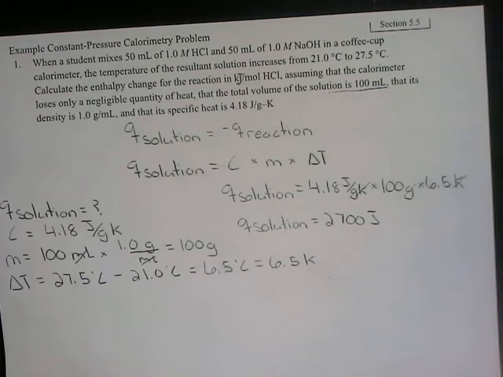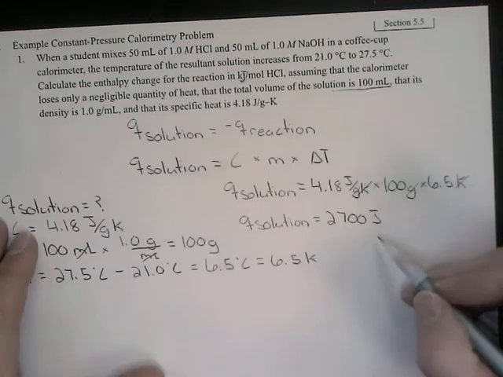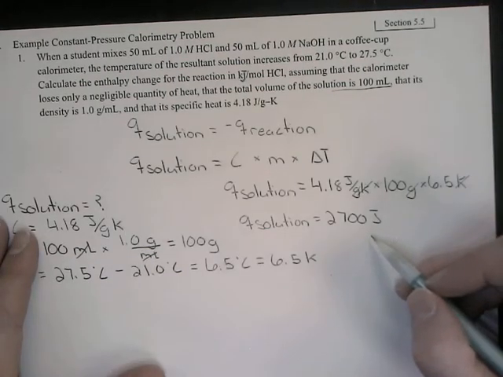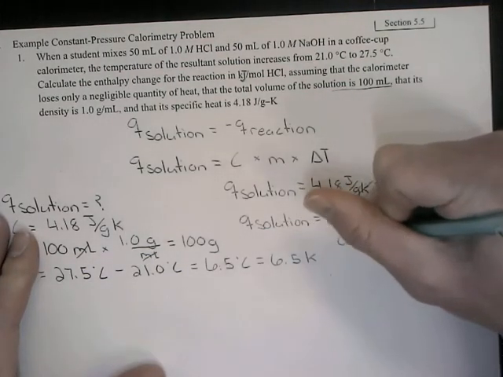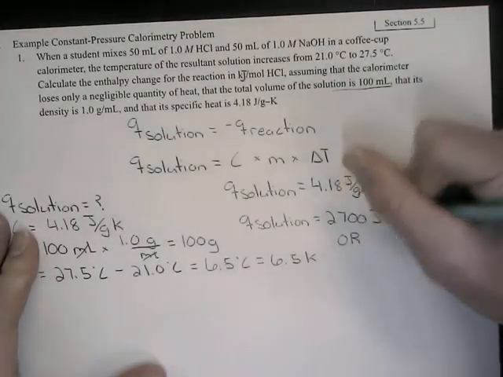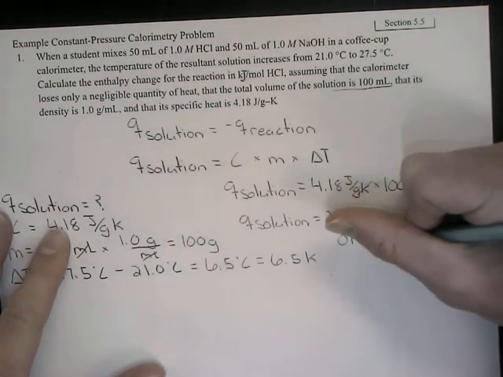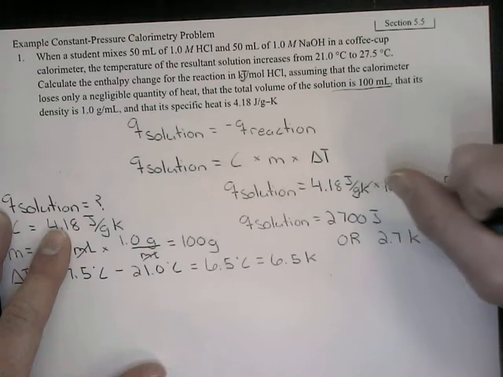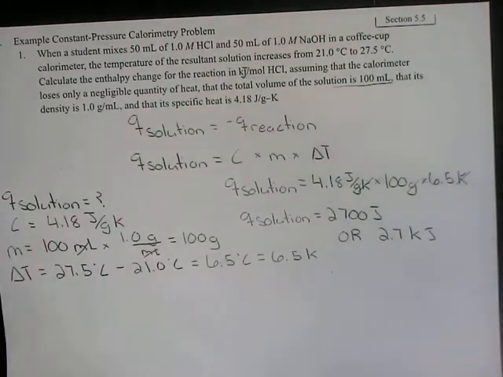And so I want to talk about this 2,700 joules, or if we're going to get in kilojoules, we might as well do it now, 2.7 kilojoules. I want to talk about that value that we just found.